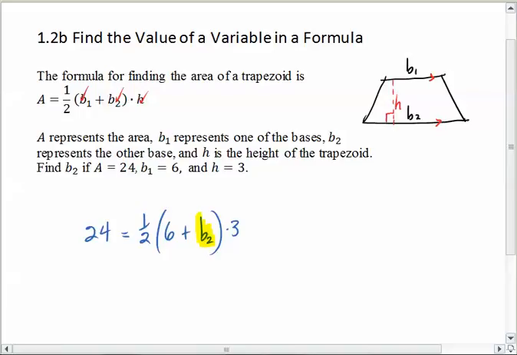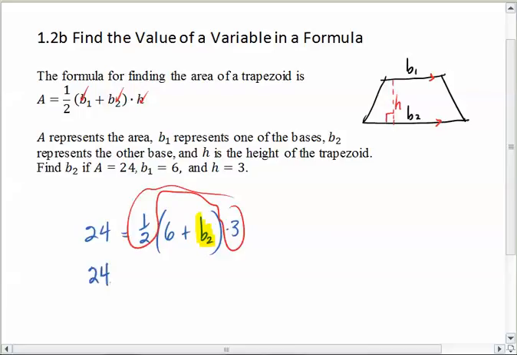And what we want to do is just kind of whittle away at the things that are around it. Now I could go ahead and multiply the 1/2 and distribute that. I could also distribute the 3, right? But here's what I'm going to do. Instead of multiplying it all together, I'm going to actually begin to consolidate that. For instance, I'm going to rewrite this way.